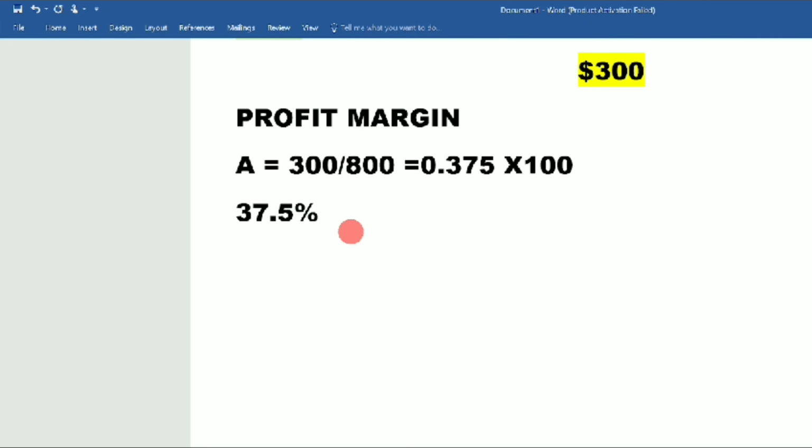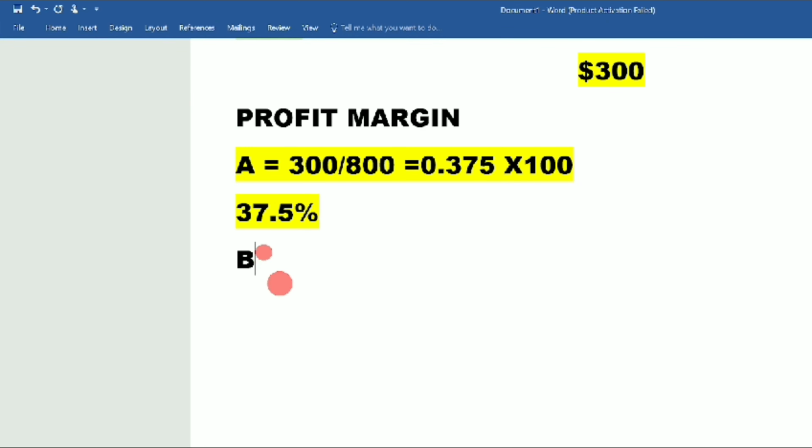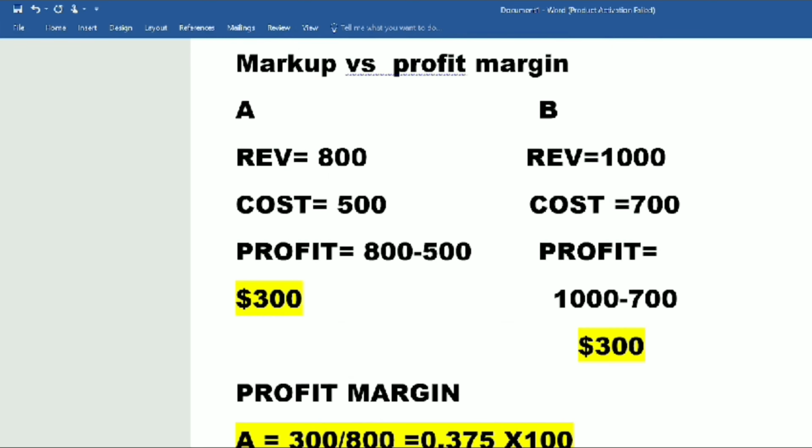Now let's do it for B. Let me highlight this to separate them. So I'm going to go to home and fix a color there. All right. Now for B, we do the same thing, profit margin. We use 300, which is the initial profit, divided by the revenue, which is 1,000.